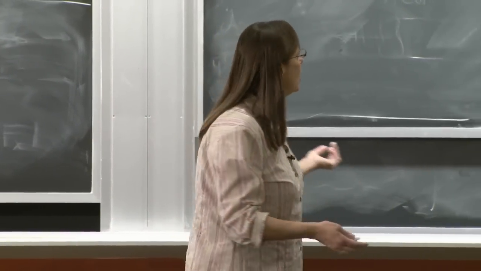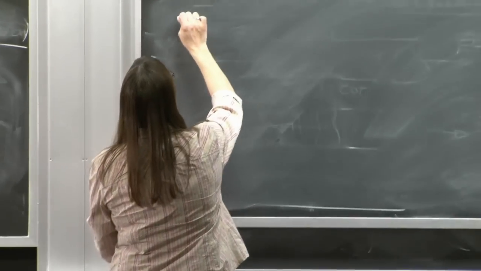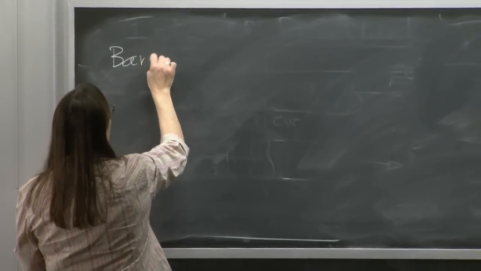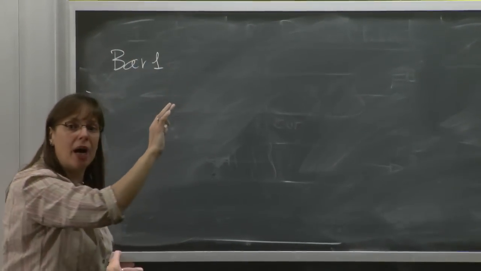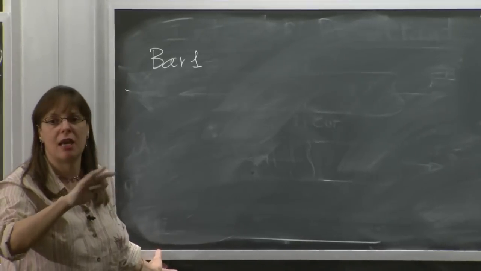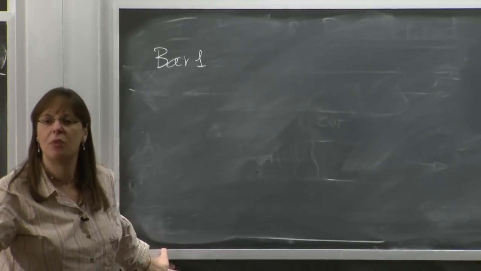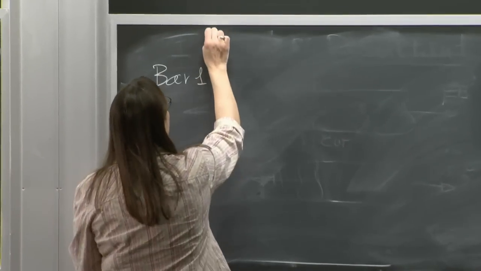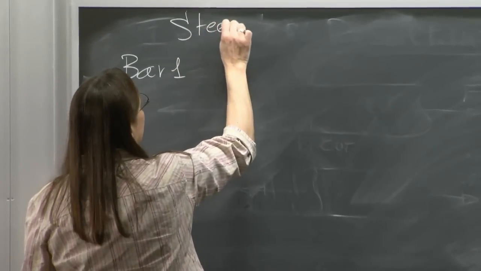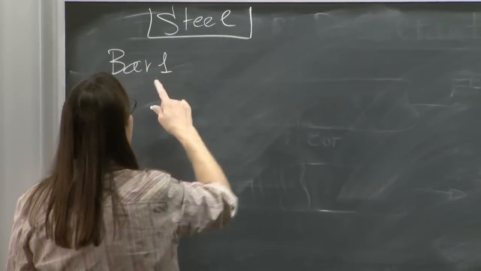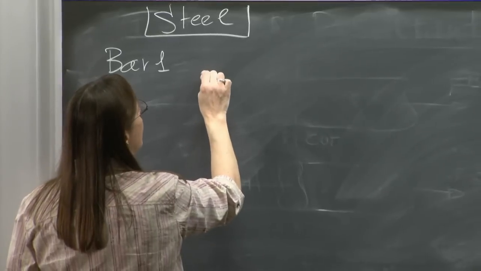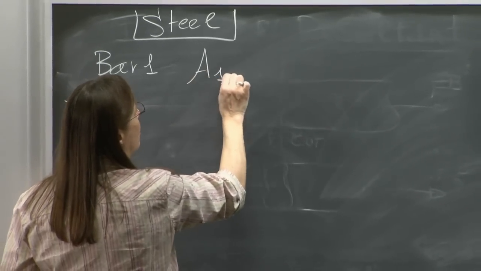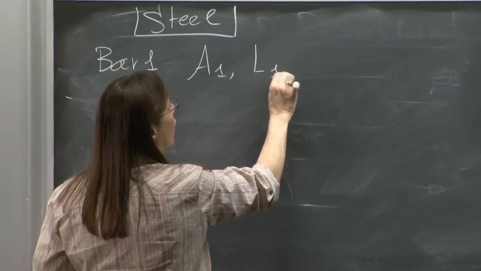So say, for instance, that I take bar 1. Say that I take bars only made of one material. Say that I make them out of steel, because I'm extremely strong, so I can deal with steel. So I take a steel bar 1, and my bar 1 has a cross-sectional area A1, and it has a length L1.